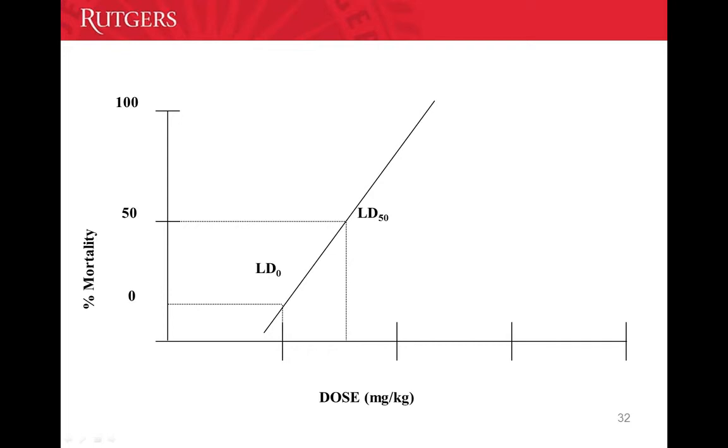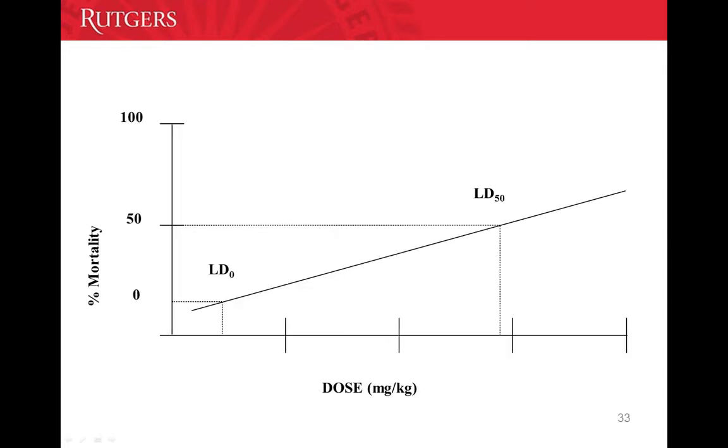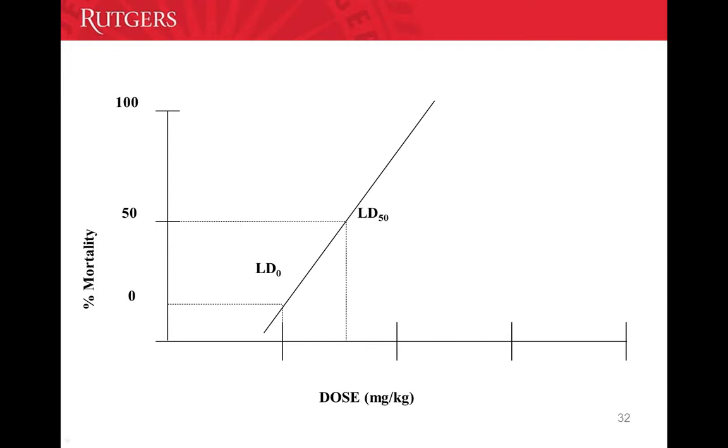For the first example, this one is unitless because I just want you to look at the slope of the dose response curve, and you can see the slope is quite steep. In this particular one, the slope is not steep for the LD50 line. Now, what's important about this?